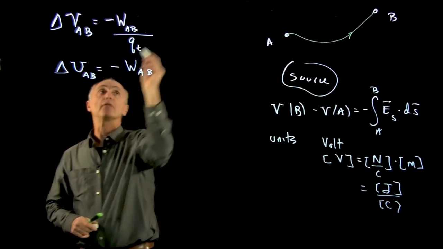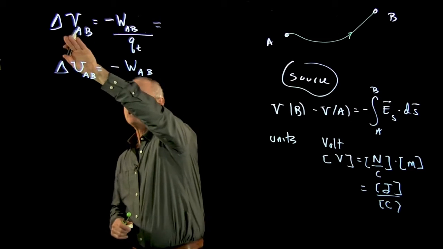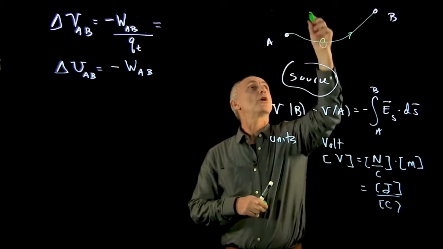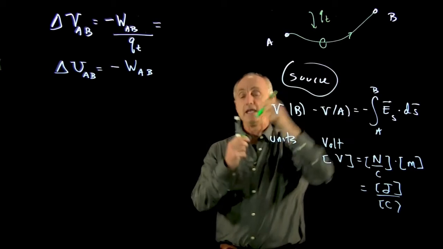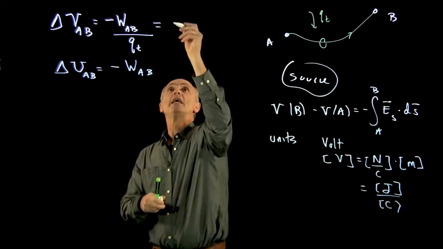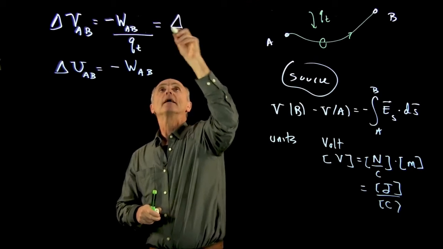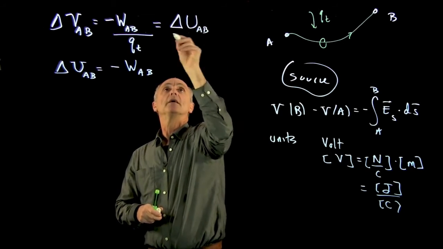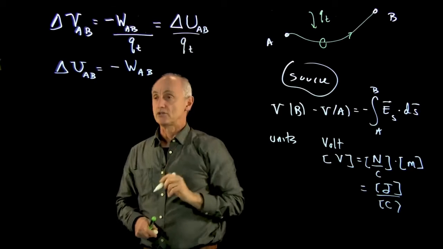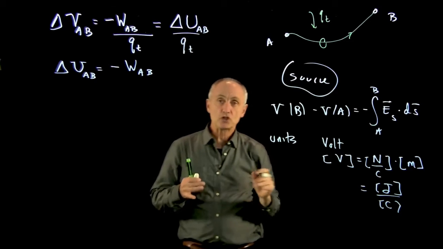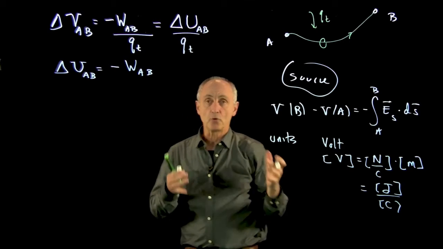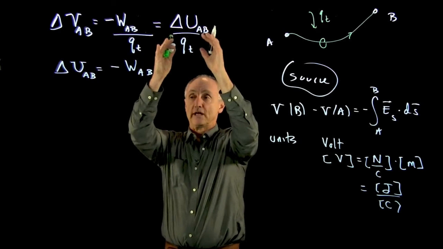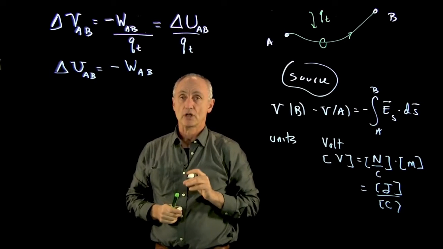And another way to think about this is that the potential difference between points A and B in moving a test charge, Q2, from A to B, is the change in potential energy in going from A to B divided by the test charge. So just like electric field is the force per test charge, the potential difference is the change in potential energy per test charge.